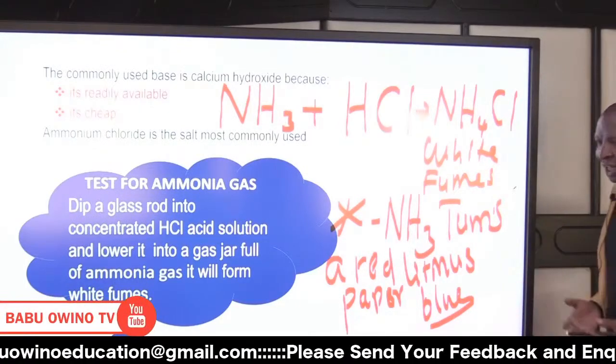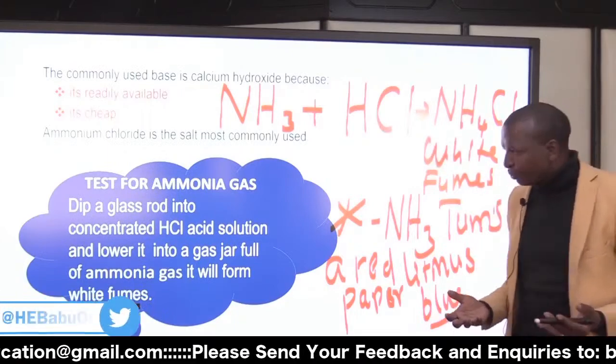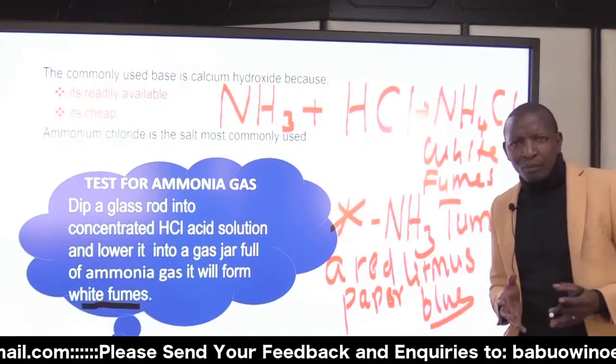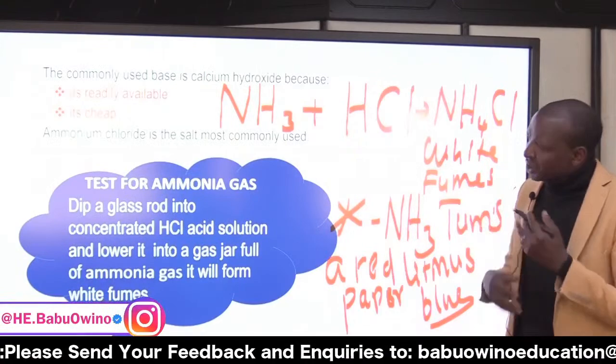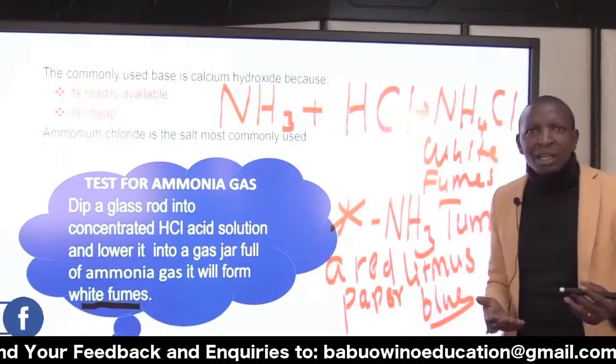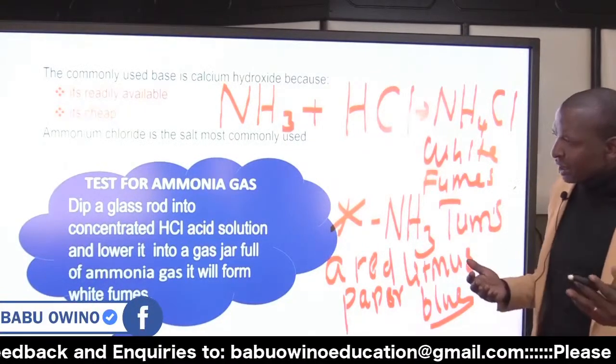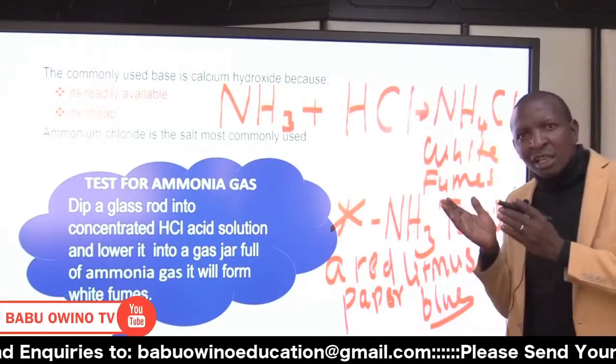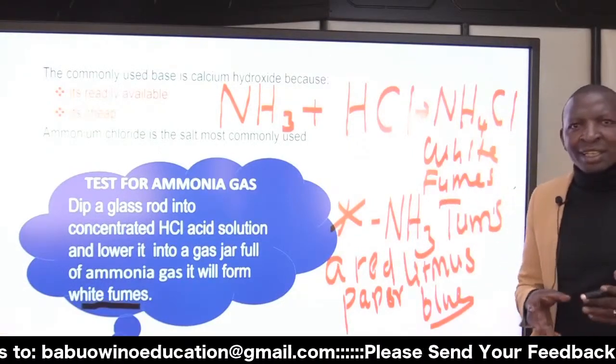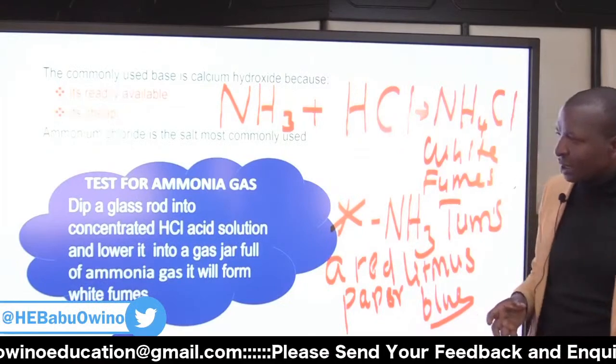Ammonia is the only alkaline gas that you're going to interact with. Although when you test ammonia with a red litmus paper, it turns it blue, indicating that it is alkaline, or rather it is basic.